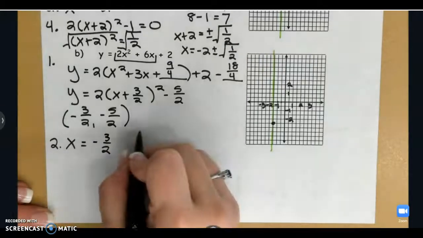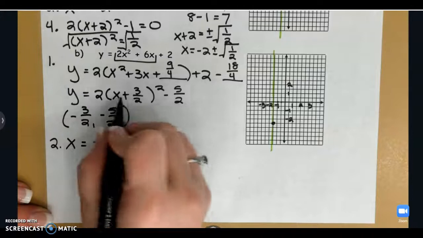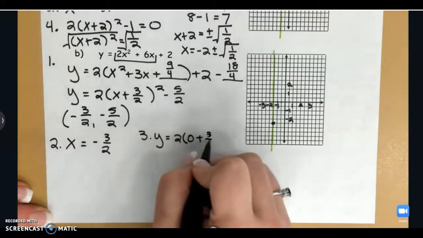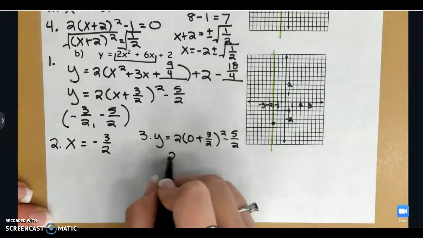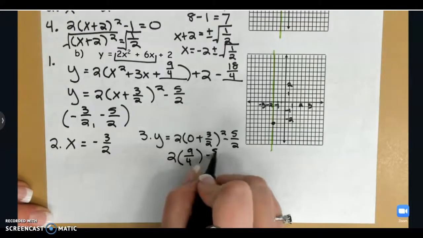Now we're on to step 3, which is finding our y-intercepts, where x is equal to 0. So we plug in 0 to our equation. So that's going to be 2 times 3 over 2 squared is 9 over 4.